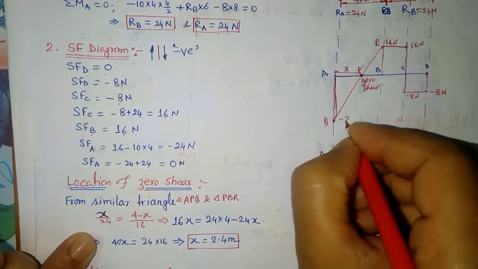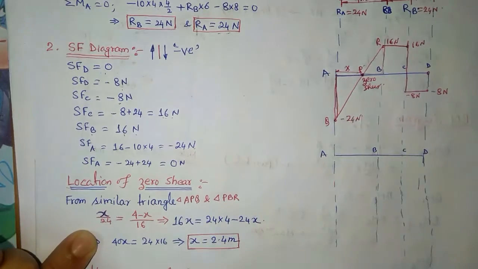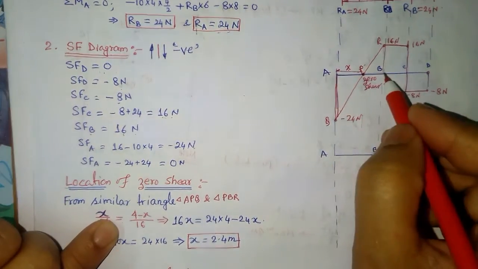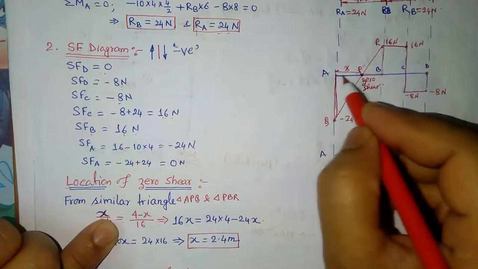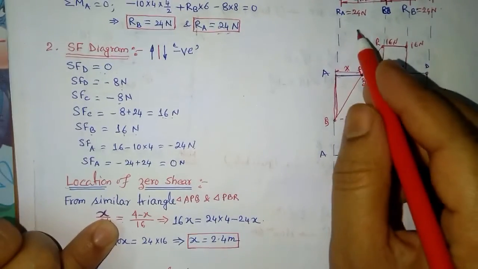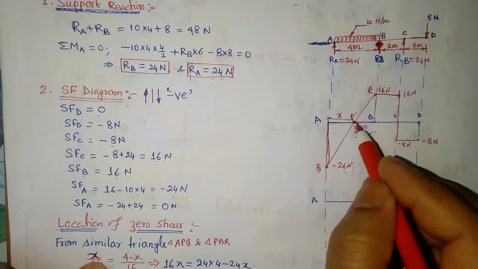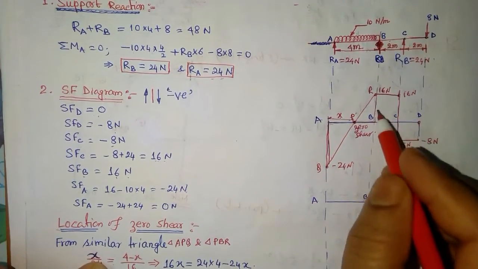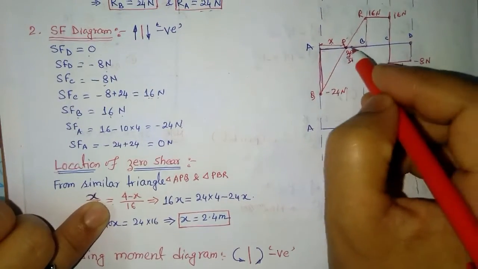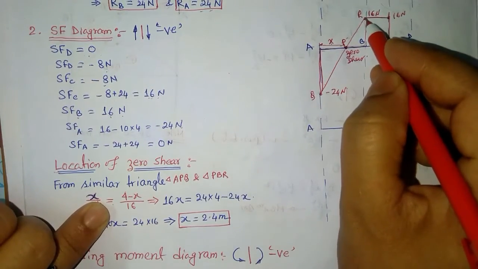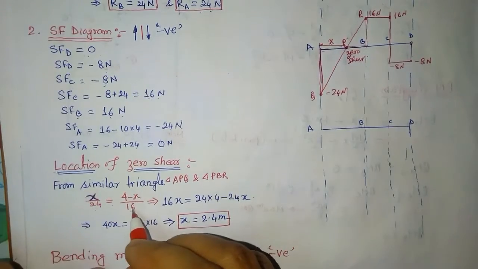This value we have is minus 24 Newton, so we can write x by 24 is equal to the total length. This AB length is 4 meter, if you see the above figure. So 4 minus x is this length, and this by this side, so 4 minus x by 16.